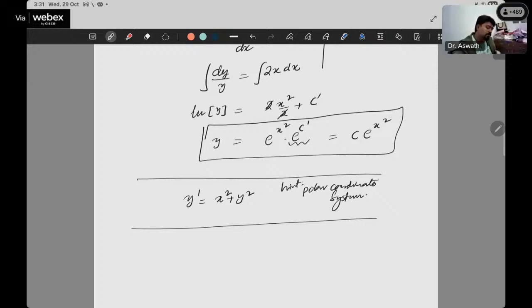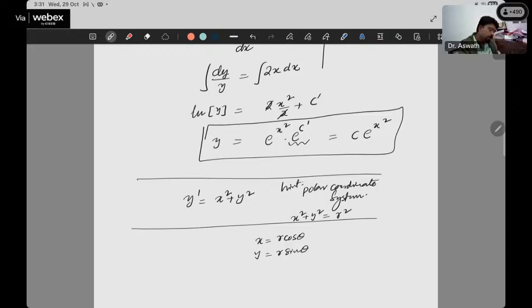x square plus y square is equal to r square in the case of polar coordinate system. You convert x and y in terms of r and theta: x is r cos theta, y is r sin theta.